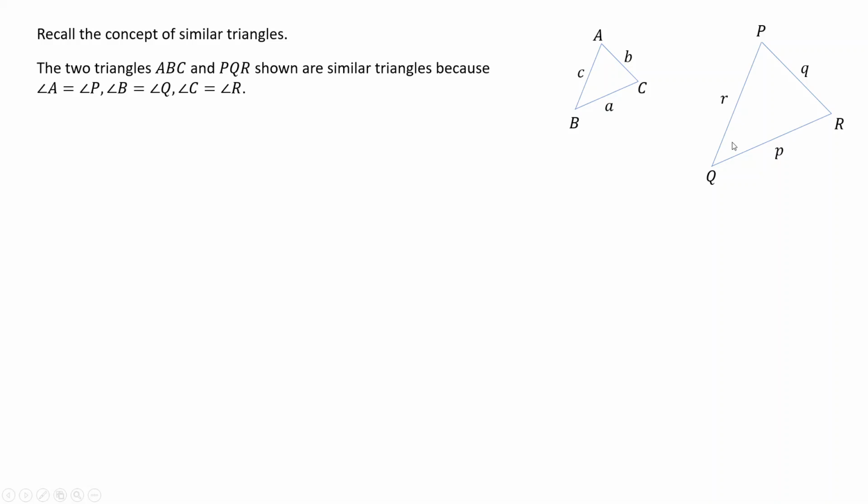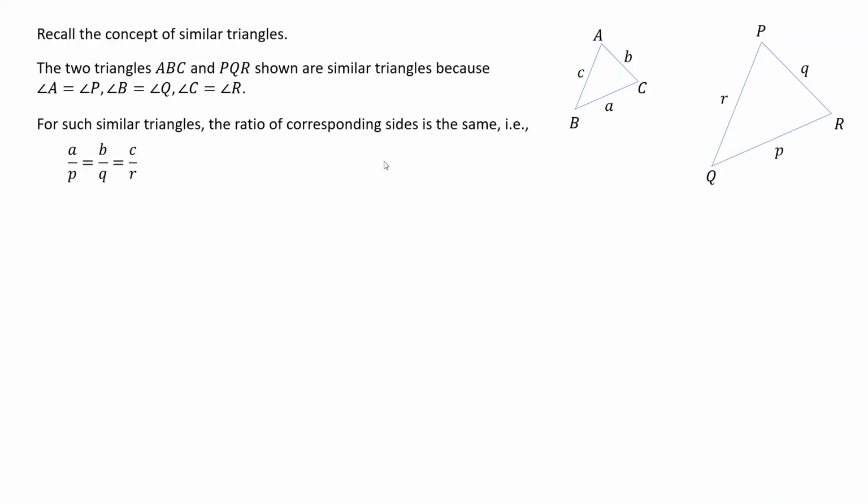Cool. Now let's get to this ratio of sides that I was talking about. When we have these two triangles being similar, the ratio of the corresponding sides is the same. What do I mean by that? If you pick side a on this triangle, what is the corresponding side on this one? p.